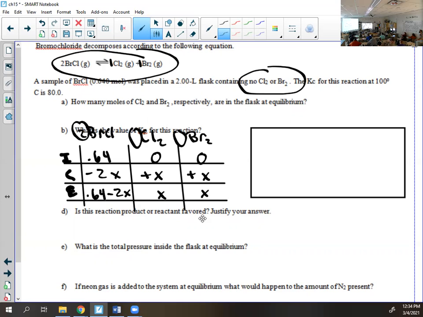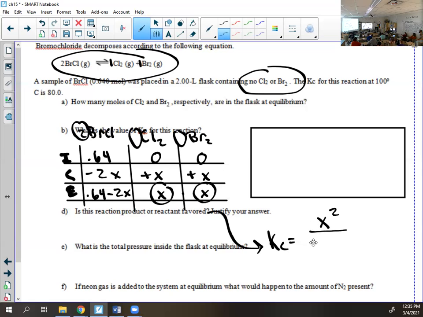Yeah. Okay, now I'm going to plug this into the expression. Kc is equal to the product, which is x and x, both raised to the first. Are you okay with that? Yeah. Can I write it as just x squared? Yeah. Okay, it's representing this x times this x, or x squared. That's where the x squared came from.